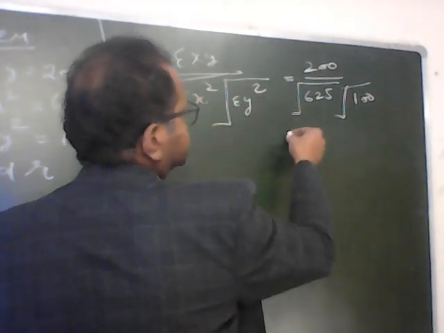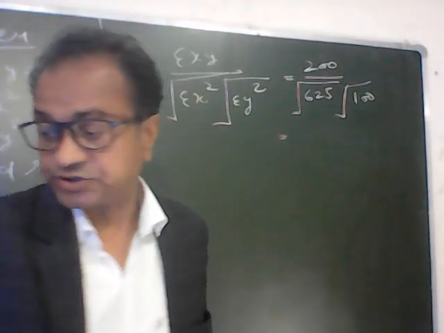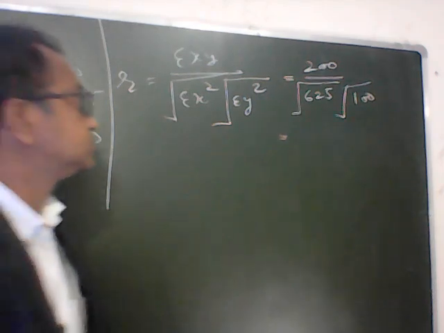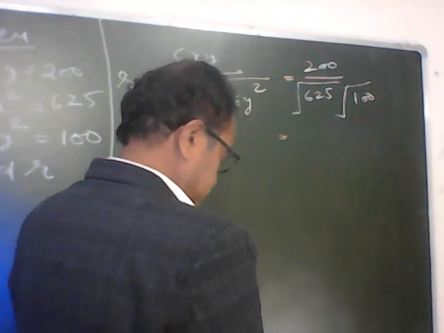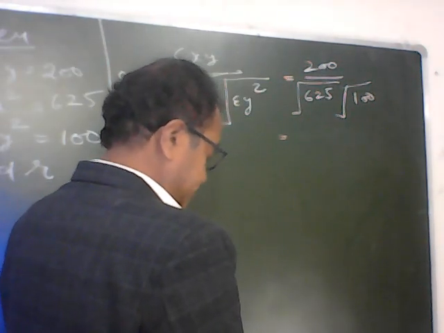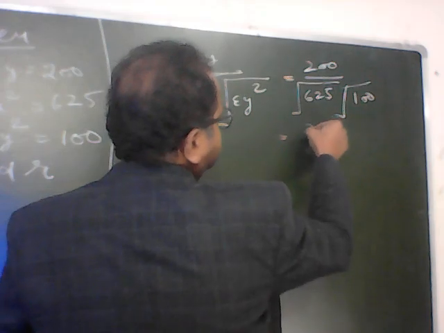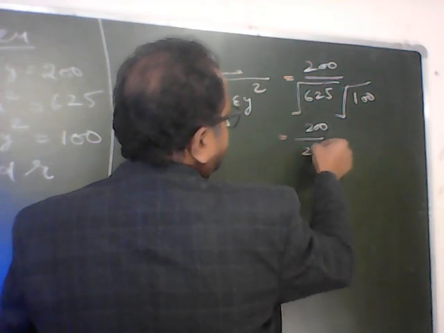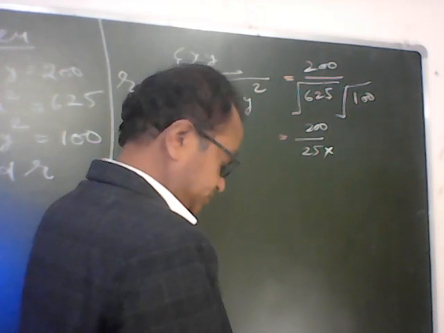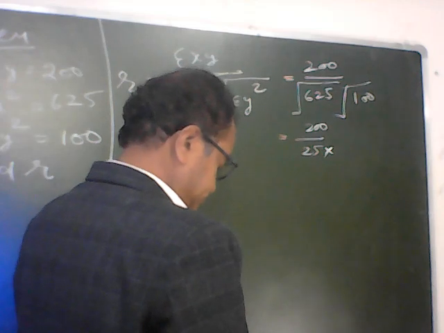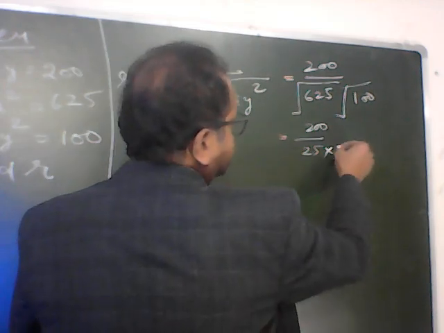So let's do it with a calculator as well. The square root of 625 is 25, and the square root of 100 is 10.